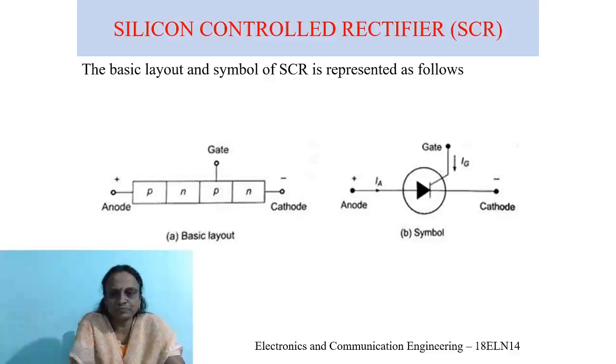Now, when a forward voltage is applied across the anode and the cathode, no conduction takes place as the middle PN junction is reverse biased.